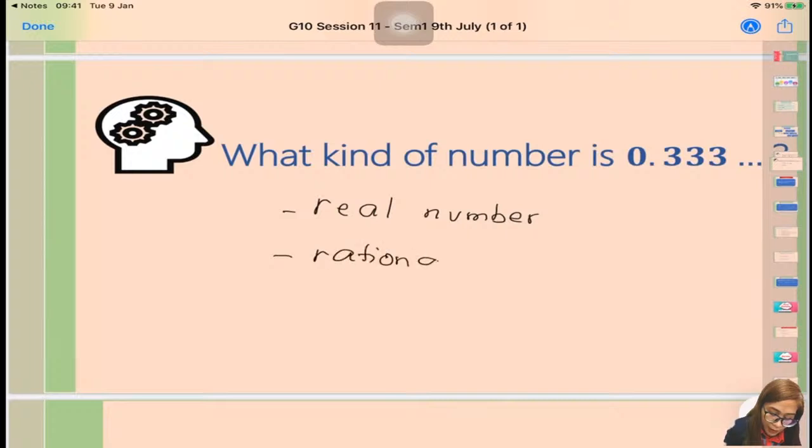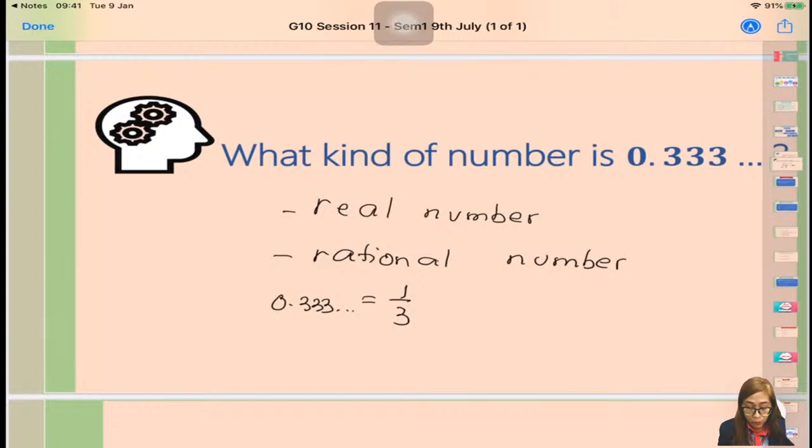It's also a rational number because you can write 0.333 as a fraction. For example, 0.333 repeating decimal is equal to 1 over 3 or 1/3, and we know this is in the form of a over b.